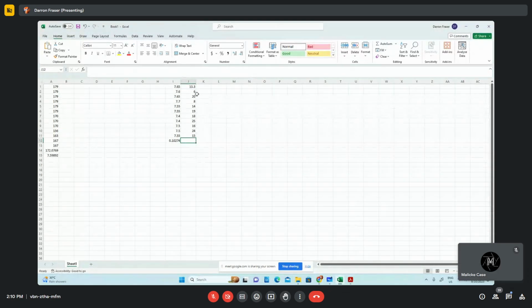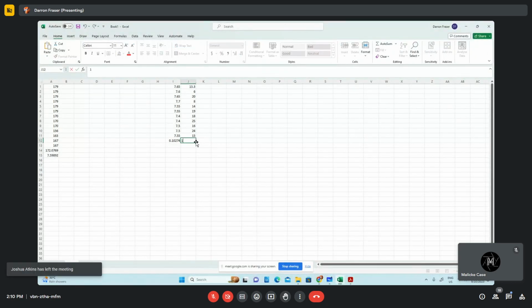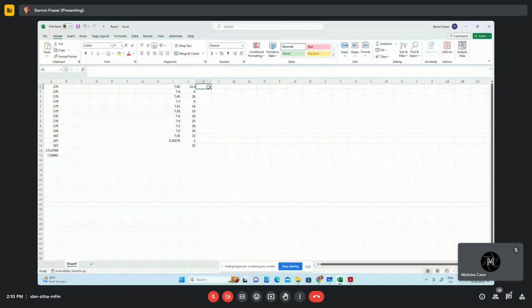All right, 13.3, 6, 20, 8, 14, 19, 18, 25, 16, 24, 15, 1. And percent body fat.